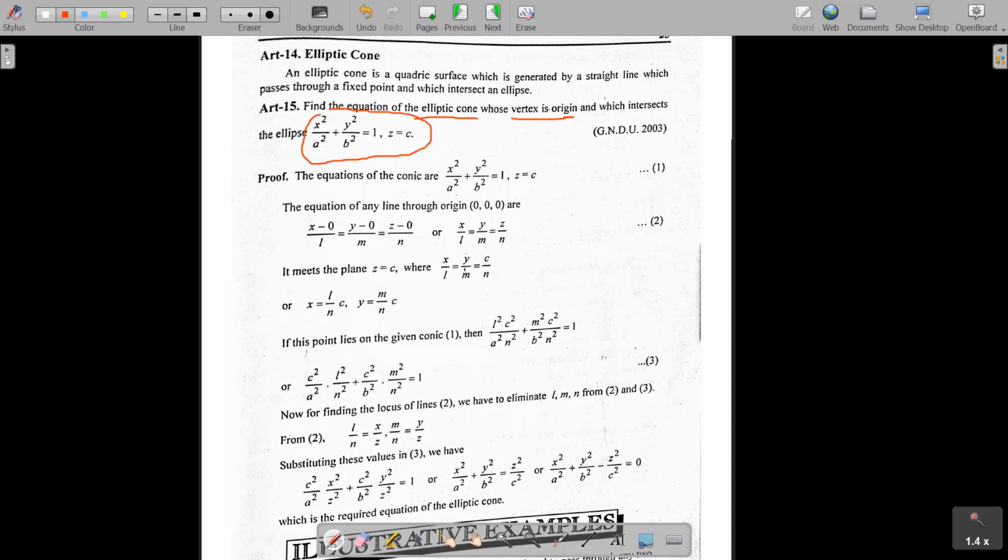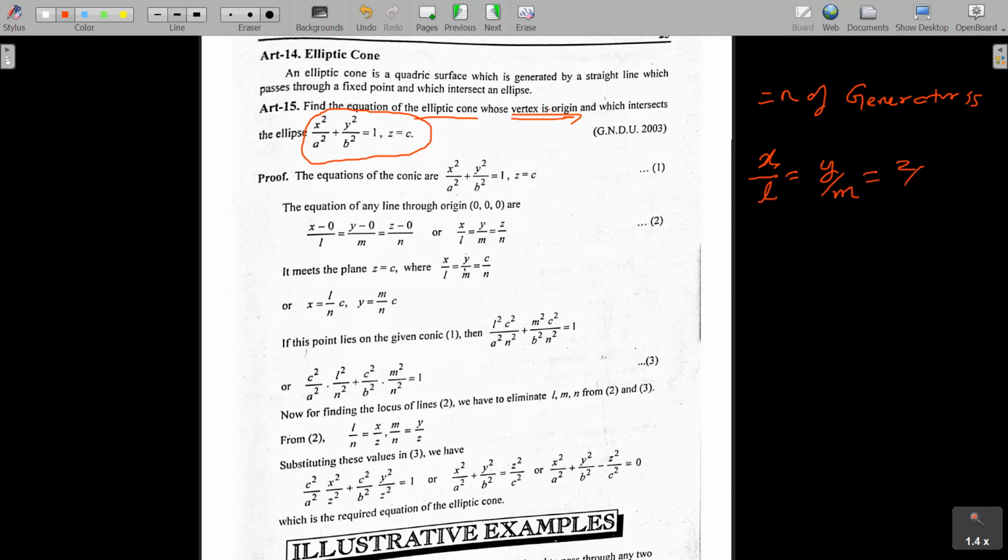So this is the ellipse. So same way, now we are given the vertex is origin. So say the equation of generator is x minus 0, 0 is vertex. So x upon L, let me name it as LMN. So x upon L, y upon M is equal to z upon N.